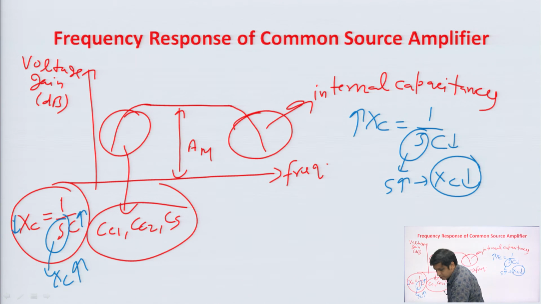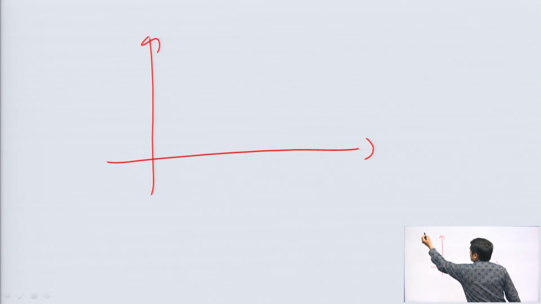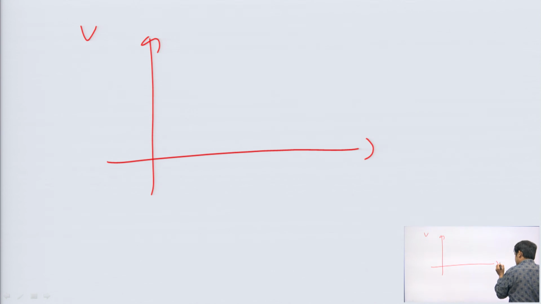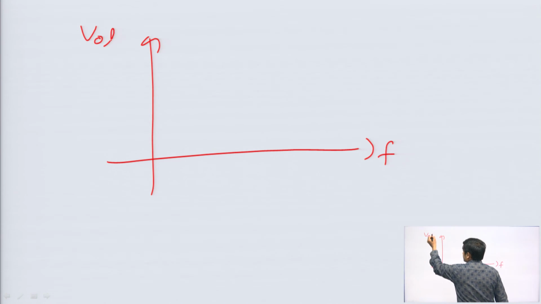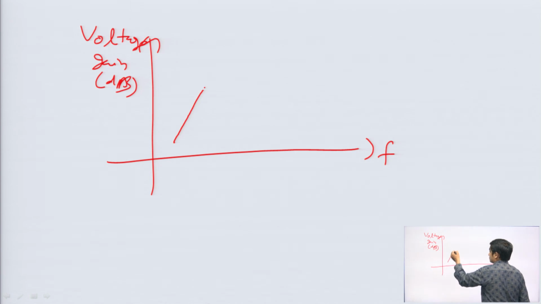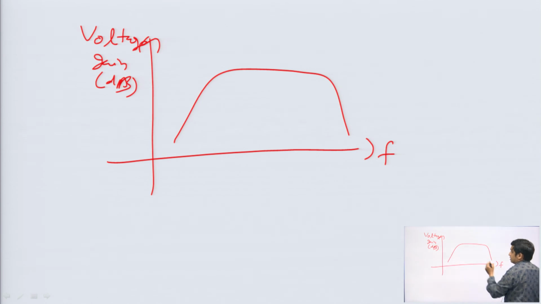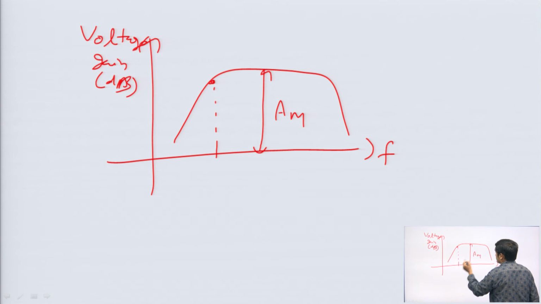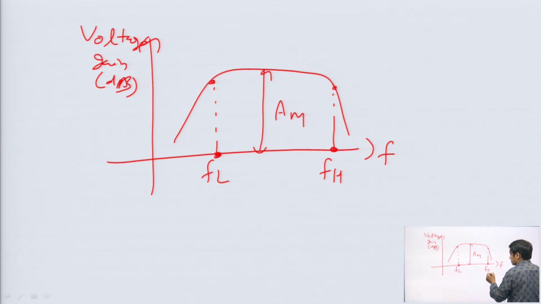Now, one more thing which I want to mention here, the curve which we are getting here: on the x axis there is frequency, on the y axis this is your voltage gain in dB. The curve is like this one. This is your maximum gain, called the midband gain, in dB, and two important terms are defined here. One is FL and another one is FH.